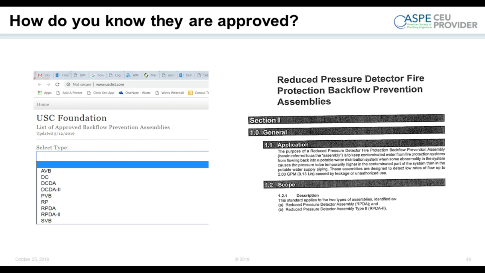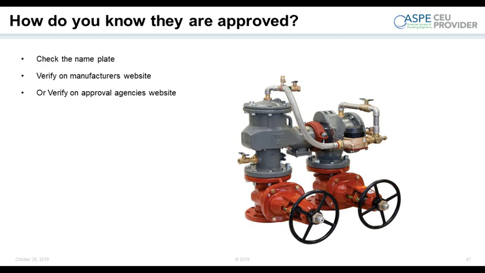And if you go to the ASSE Assemblies, it says that it covers reduced pressure detector assemblies type 1 and type 2 in that description of scope. So these are approved. You can go to the USC list or the ASSE list and look up your valve models, just like you would a normal one. The other thing is that these detector assemblies, that single check, it has a serial number and a model number, just like a full backflow assembly would, and you'll see that in the approved list as well.